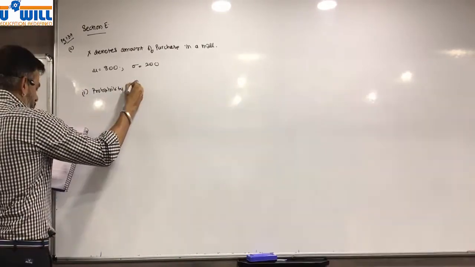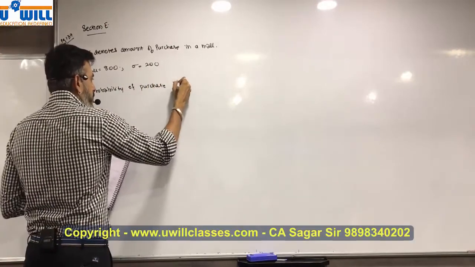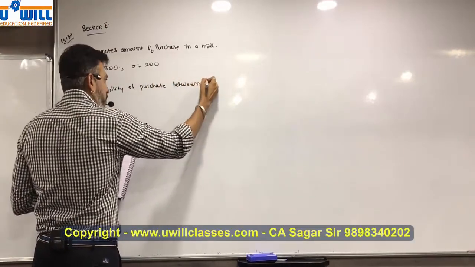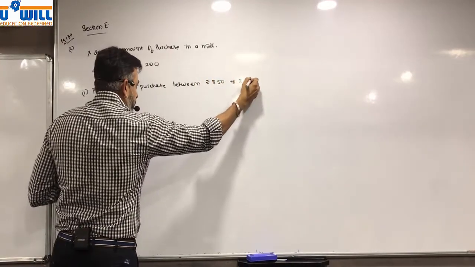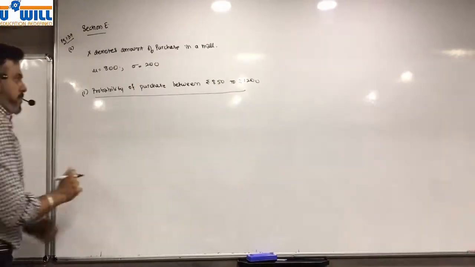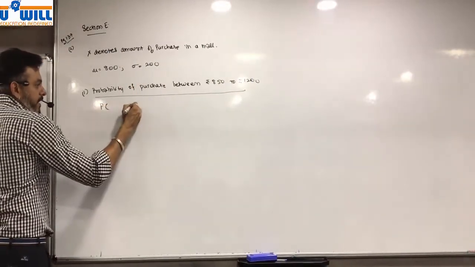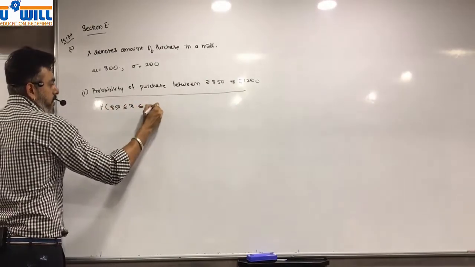Now, first, probability of purchase between rupees 850 to rupees 1200. Probability of X greater than equal to 850, less than equal to 1200.